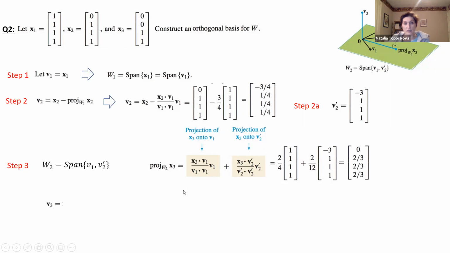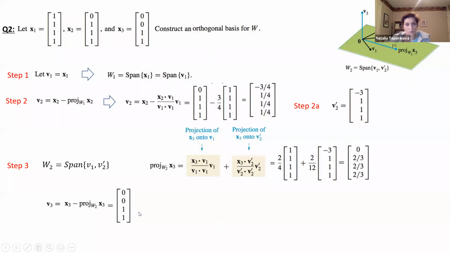So finally, we will calculate our third orthogonal vector v3, which is just the difference between the vector x3 and its projection on the plane W2, the plane formed by the other two vectors v1 and v2.